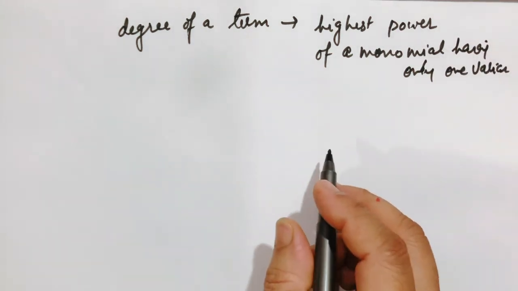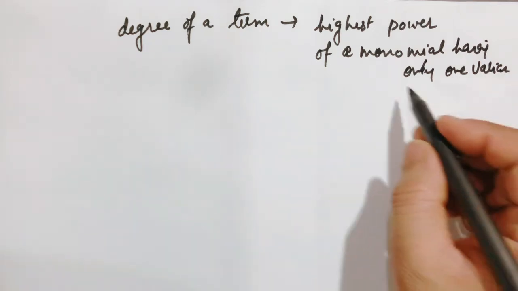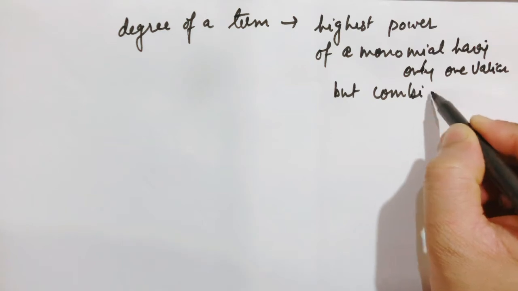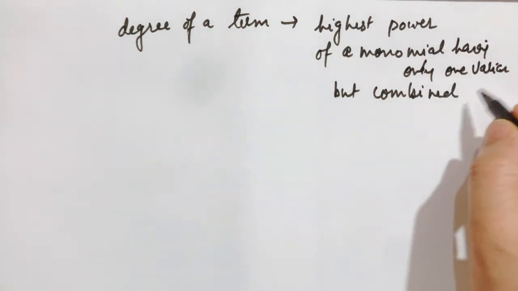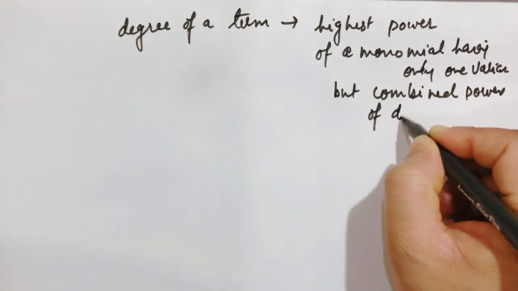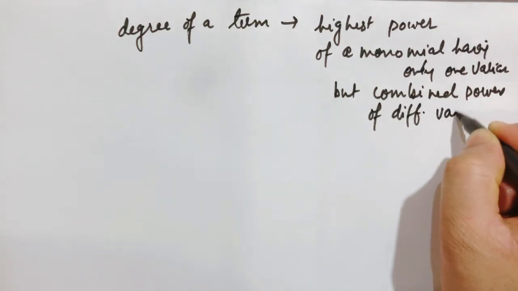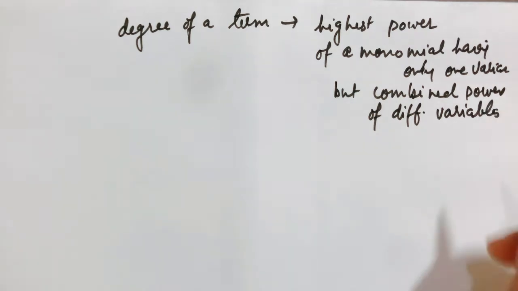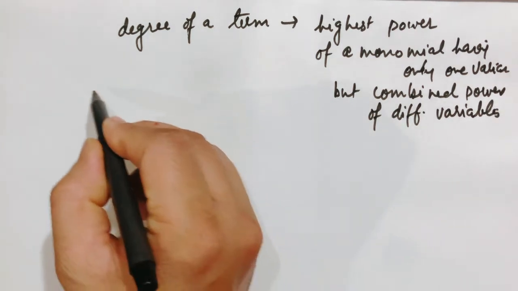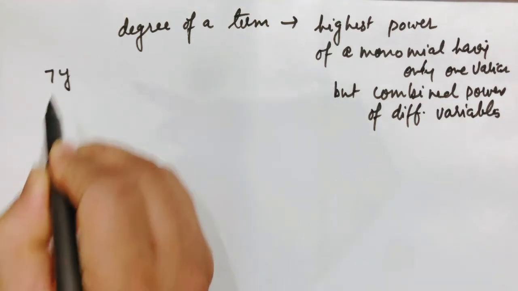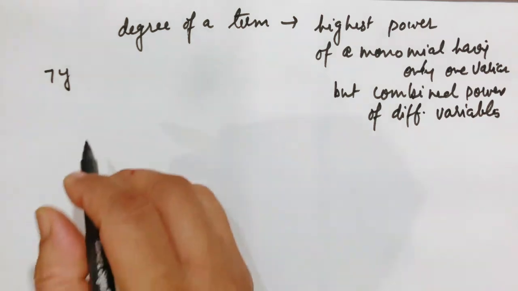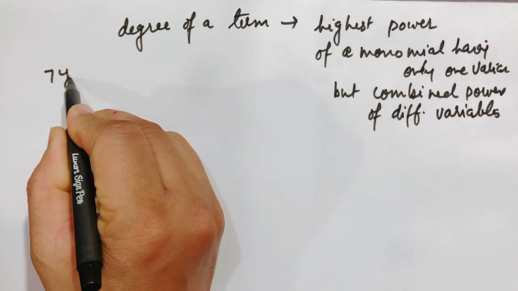For example, if you are given 7y only, you will have to look for the power of the variable only.